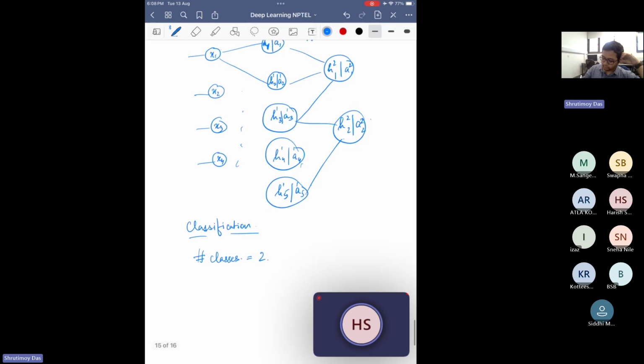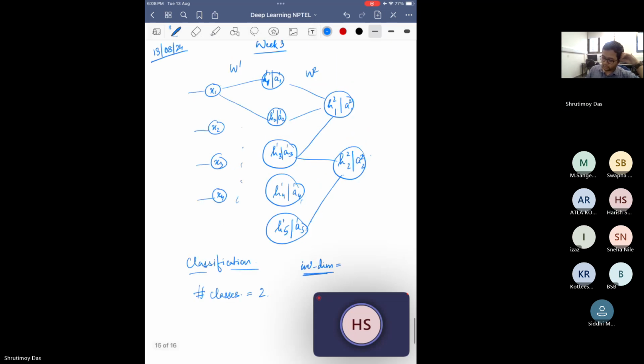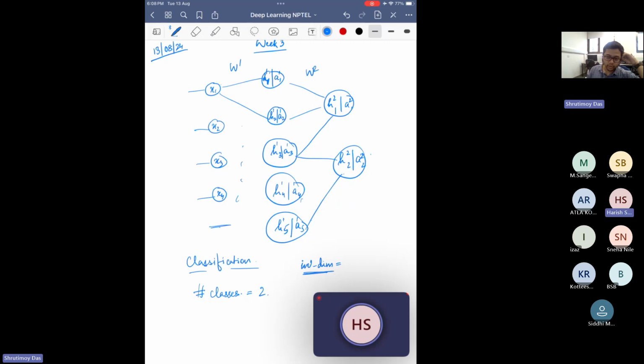Now what is our input dimension here? What is the input dimension that you have? So this is our input layer. Yes, right, 4. Thank you.